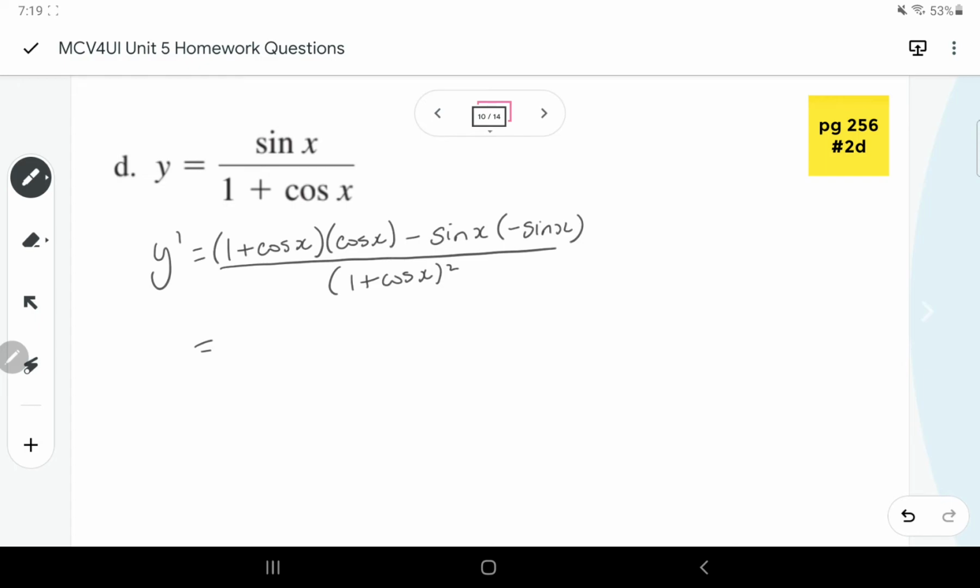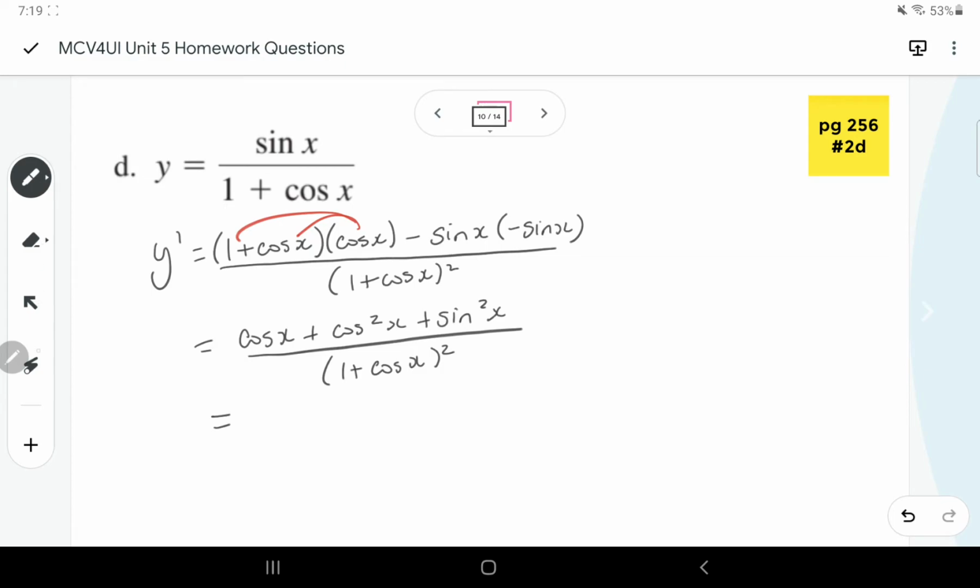Then I'm definitely going to say that this is cos x, distribute that in there, plus cos squared x, and then with this double negative situation there, this would be plus sine squared x over 1 plus cos x squared.